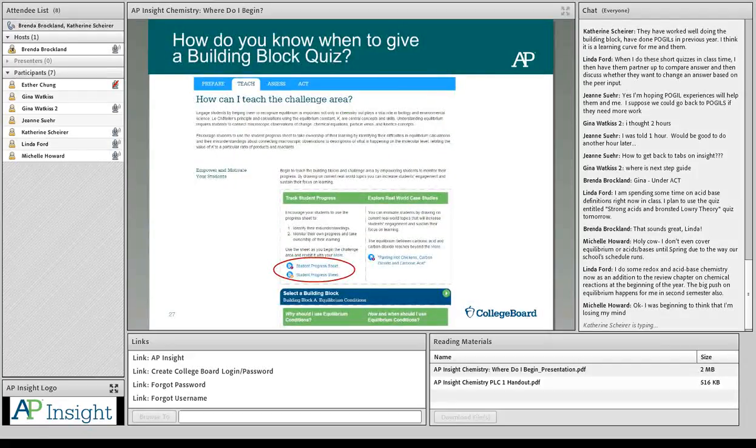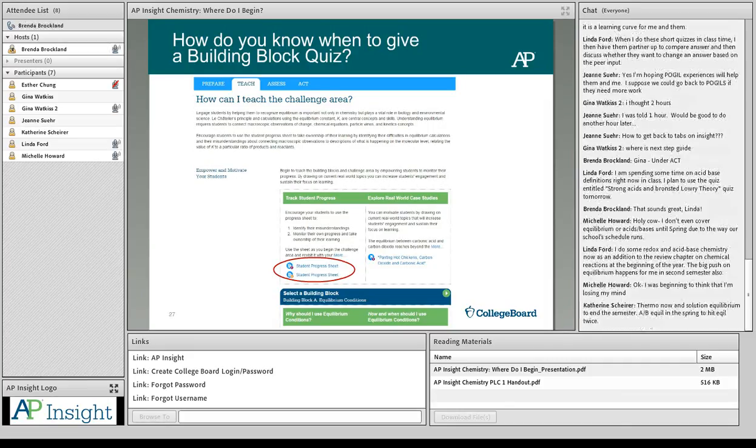All right, so hopefully you've given some thought to where you might use one of the building block quizzes. So I am going to direct you to how to ensure that your students are going to have enough knowledge to take that quiz, so that you're building up to taking the quiz. So if I can direct you over to Teach, we're going to go back into AP Insight, into the Teach tab.